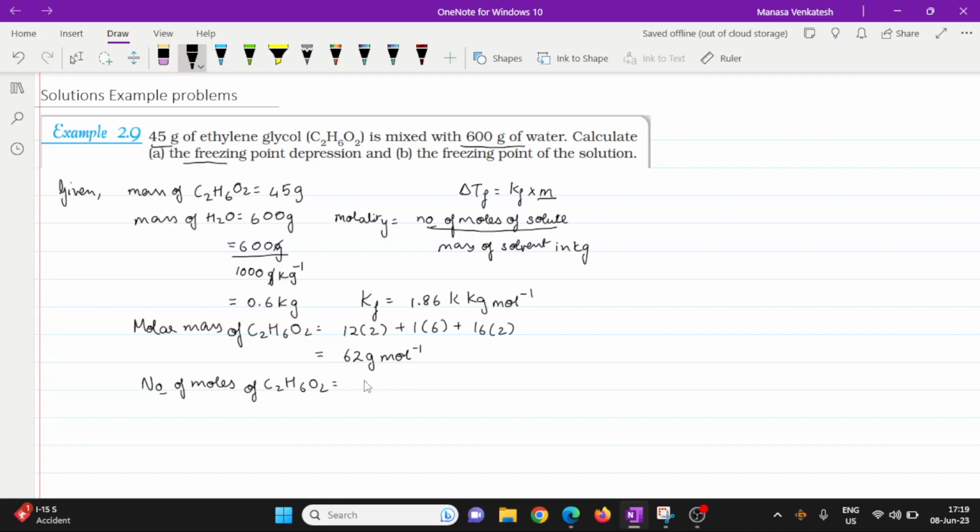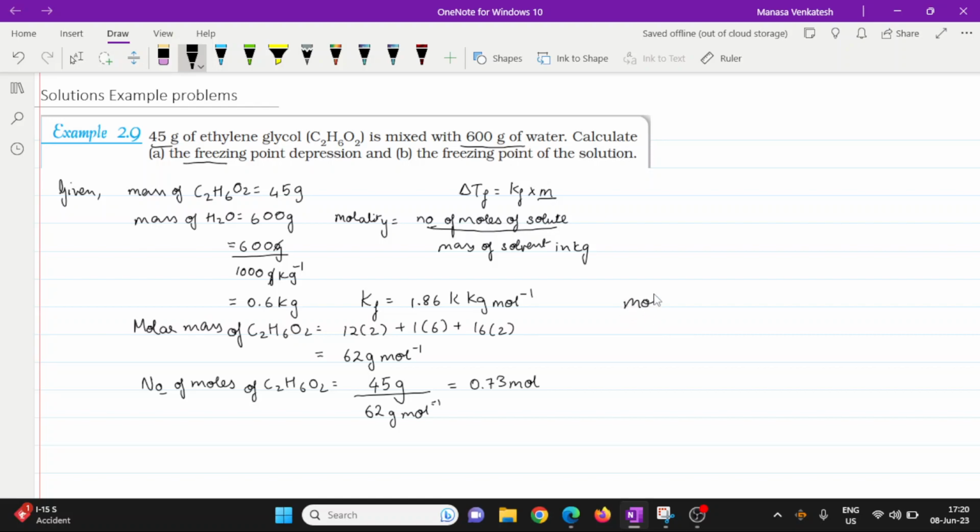So the number of moles is going to be mass divided by molar mass. So 45 grams divided by 62 grams per mole. And on simplification this gives us 0.73 moles. We're going to be substituting this and this value to calculate the molality.